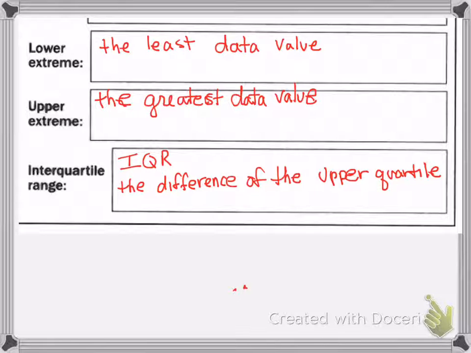The upper quartile is sometimes known as Q3. So IQR, difference of the upper quartile and the lower quartile. Lower quartile, sometimes known as Q1.